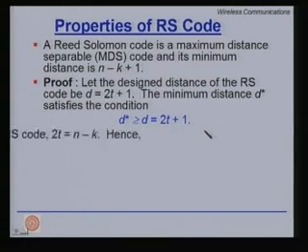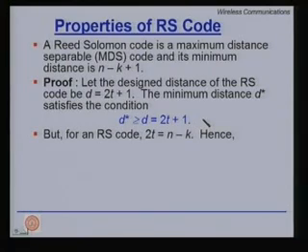We know this from basic linear block code theory, but for Reed-Solomon code we have just seen, using the degree of g(x), that n minus k is equal to 2t, right.